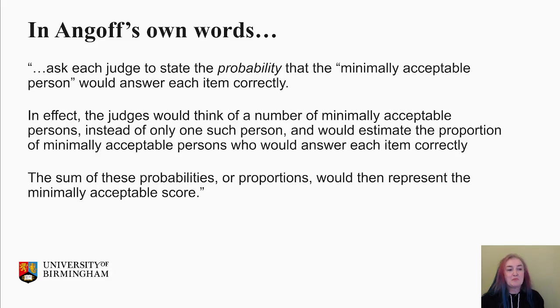And the sum of these probabilities or proportions would then represent the minimally acceptable score. Except actually we do that for a range of judges, and we use the average of all of their scores to come up with that minimally acceptable score as a consensus between our content and subject matter experts.